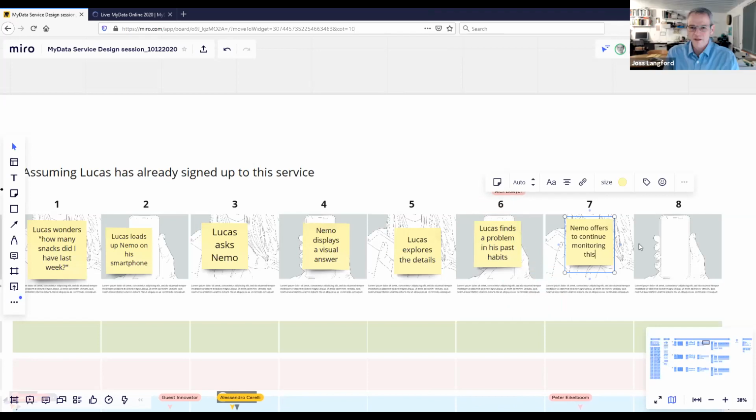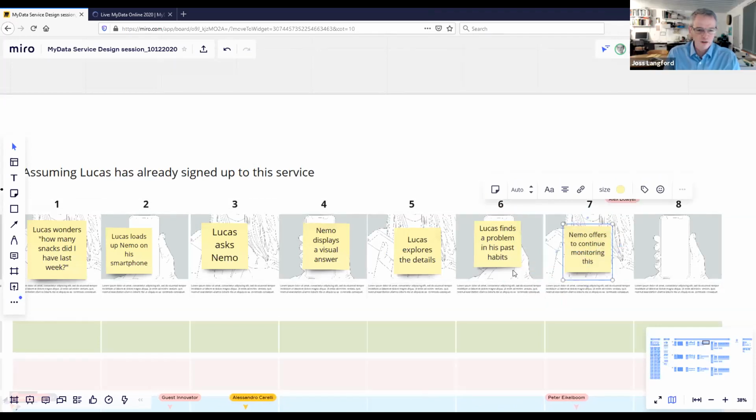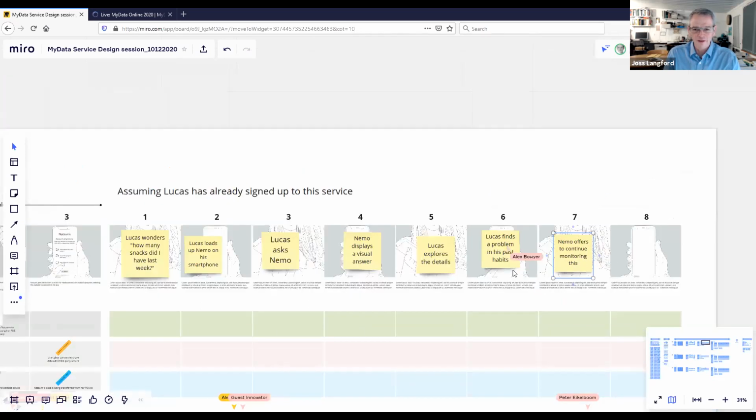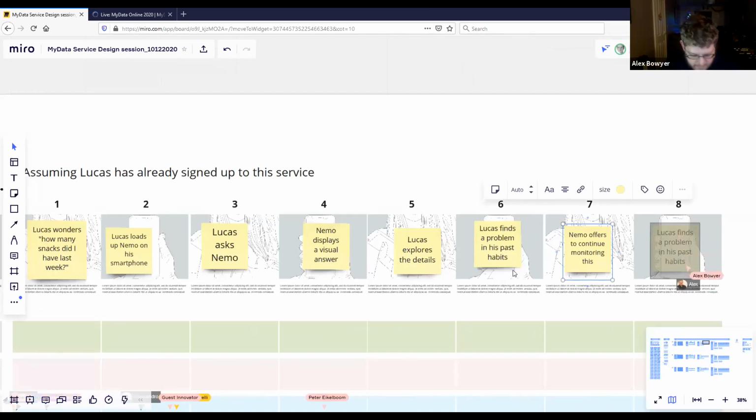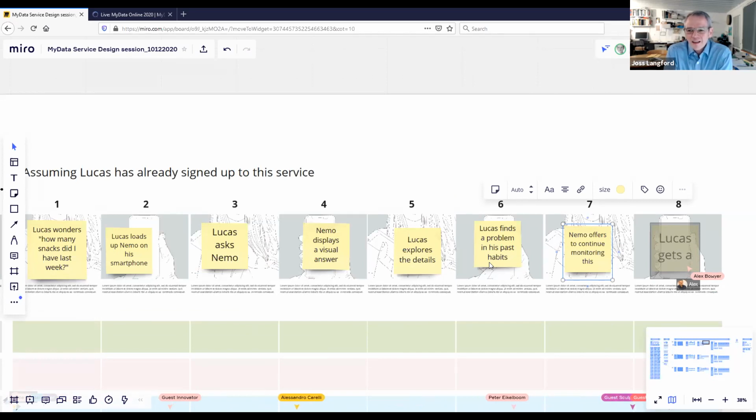Yeah, perfect. And then I've just put a note in there where you're talking that Nemo offers to continue monitoring this. Yeah. So Nemo pops up a box at the end there and says, brilliant, I see you're interested in this. Would you like me to keep looking at this over the next couple of weeks? And then Lucas gets a warning. No, not a warning. That sounds... gets an alert.